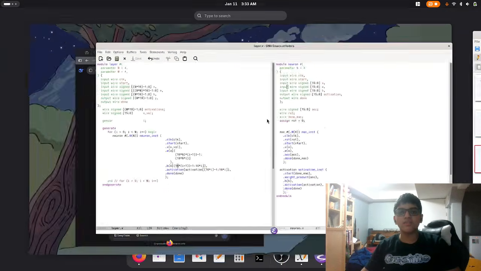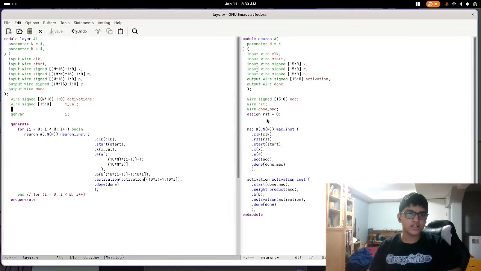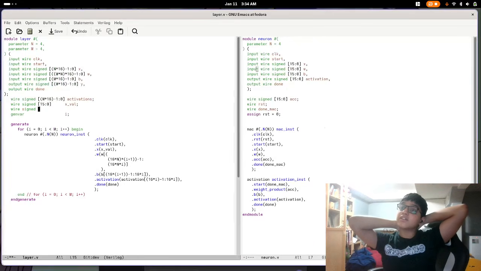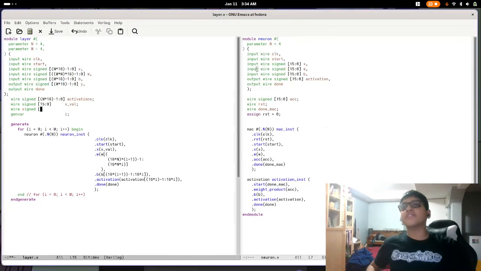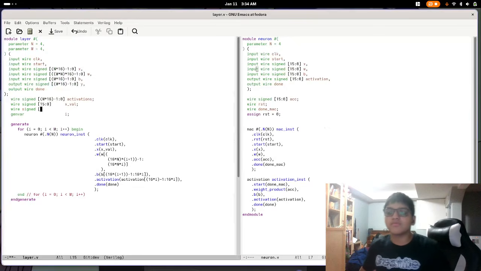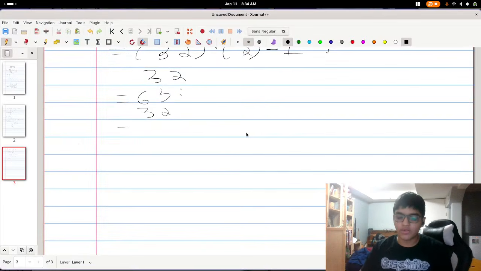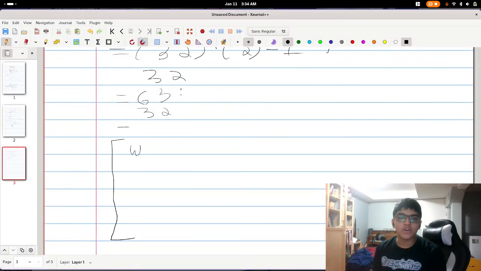Actually, I think it makes more sense to not deal with this sort of splitting nonsense and instead have the array be split up like: one row is weights from the first input to the first neuron, weights from the first input to the second neuron, etc., weight from the first input to the mth neuron.